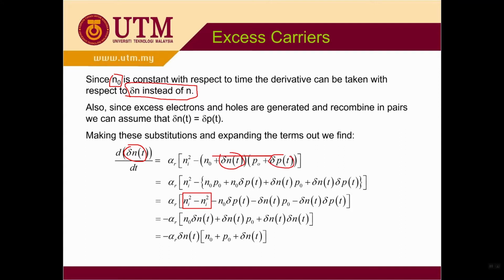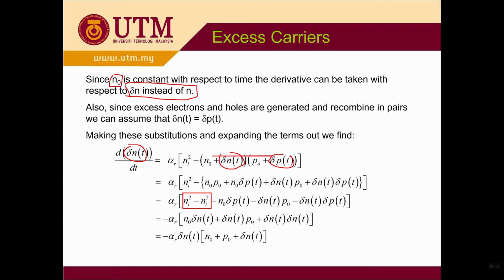So let's expand them. You get n0p0, n0 delta p, delta n p0, and delta n delta p. The next thing you do is equate n0p0 to ni squared, so they cancel each other. Then you are left with n0 delta p, delta n p0, and delta n delta p.